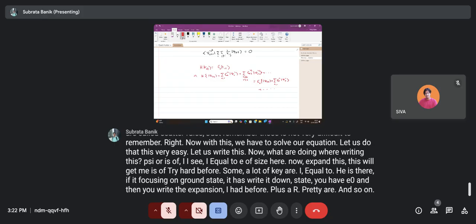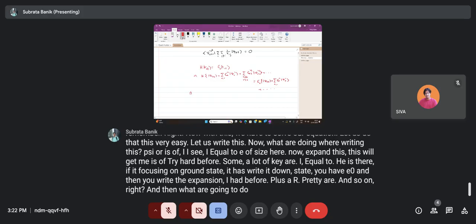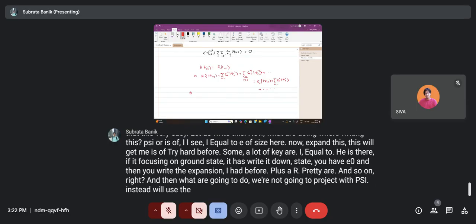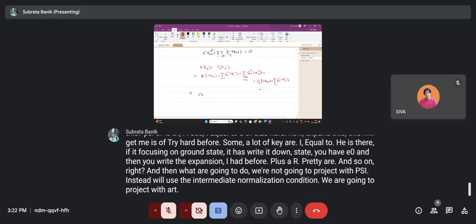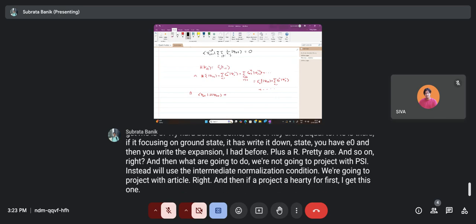and so on, right? And then what we're going to do, we're not going to project with psi. Instead, we'll use the intermediate normalization condition. We're going to project with Hartree-Fock. If I project with Hartree-Fock, first I get this one.